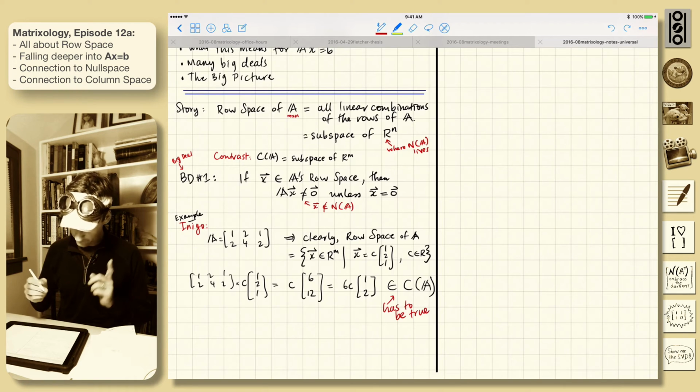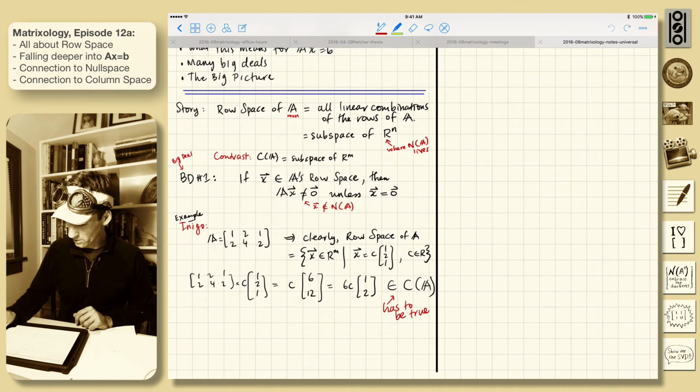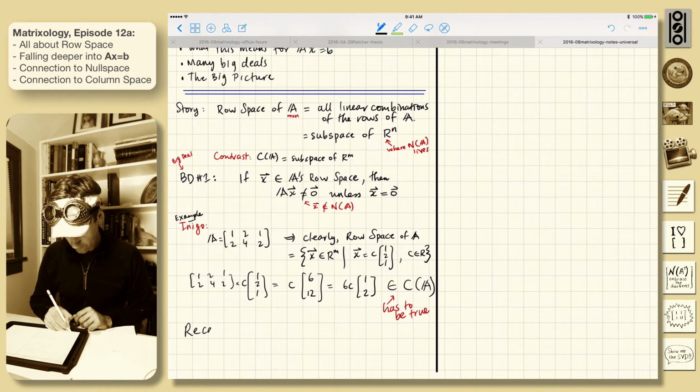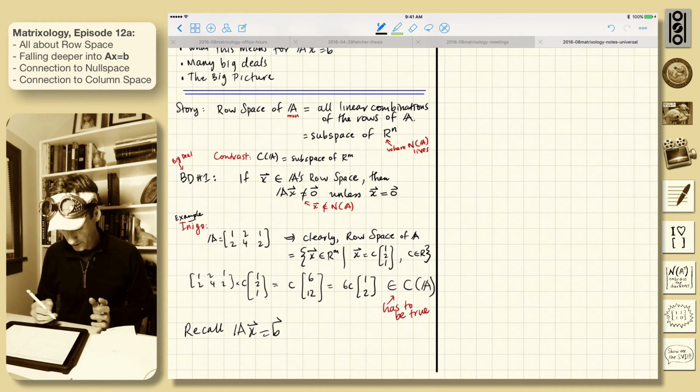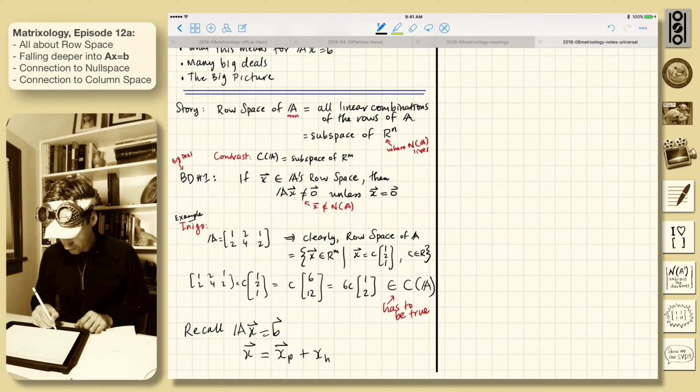So let's go back to this. Recall what we were trying to do with AX equals B. We got to this observation that we had X equals X particular plus X homogeneous.